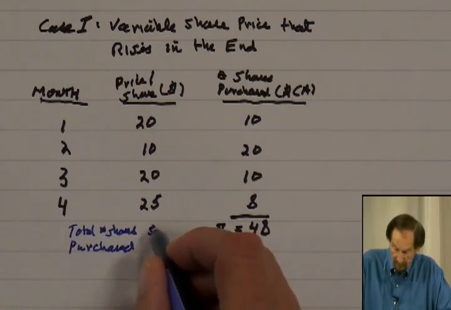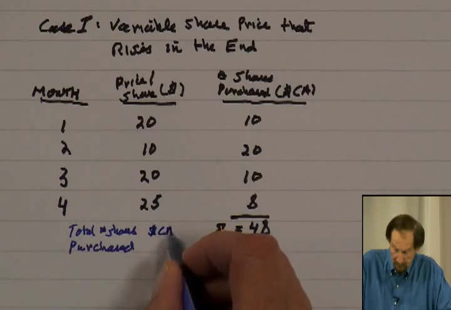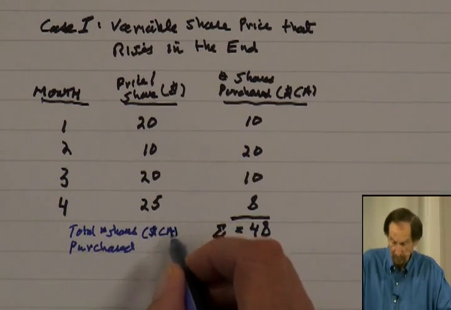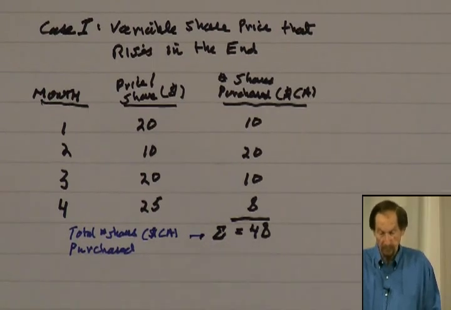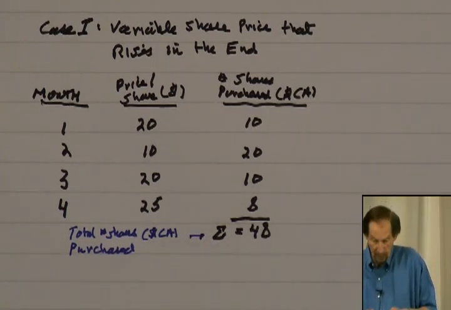So dollar cost averaging purchases 48 shares.